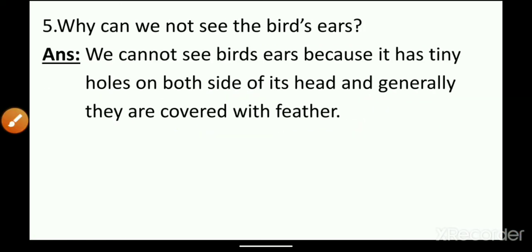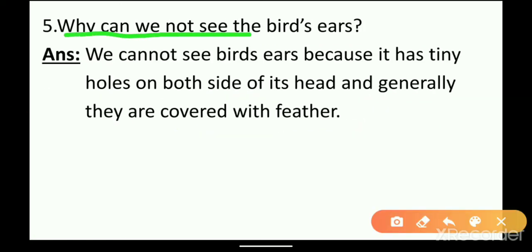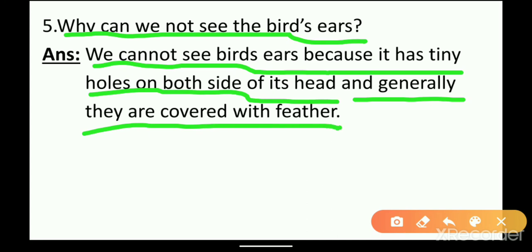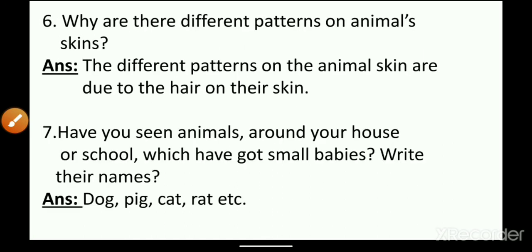Next question. Why can we not see the bird's ears? We cannot see bird's ears because it has tiny holes on both sides of its head and generally they are covered with feathers. Next question.